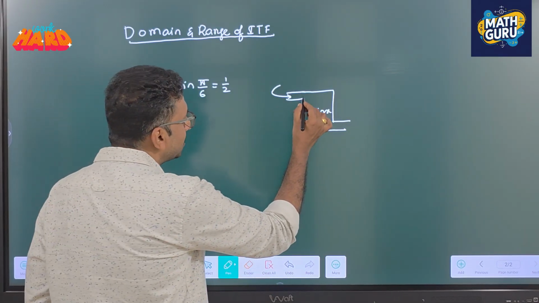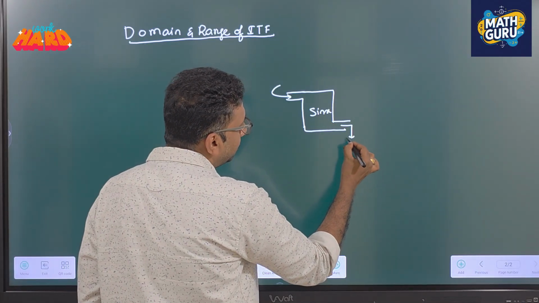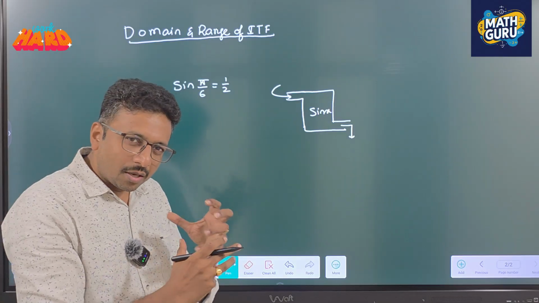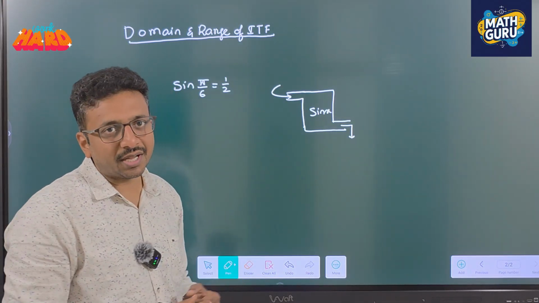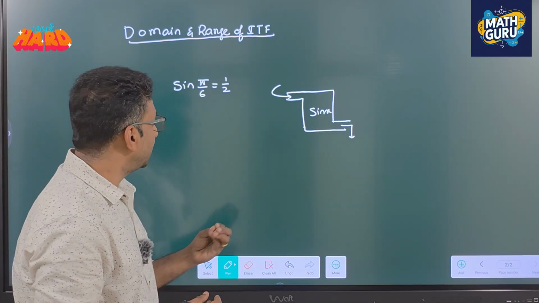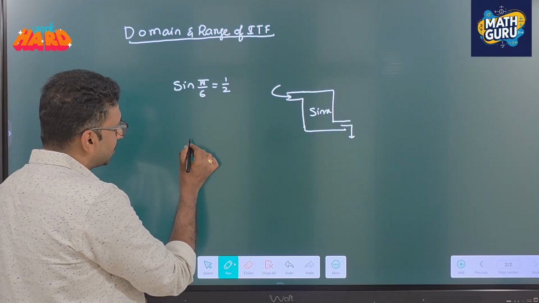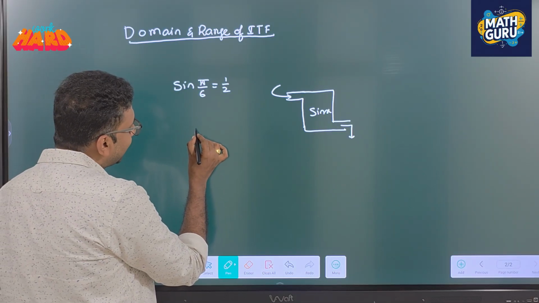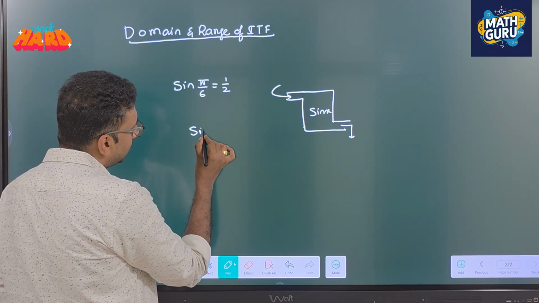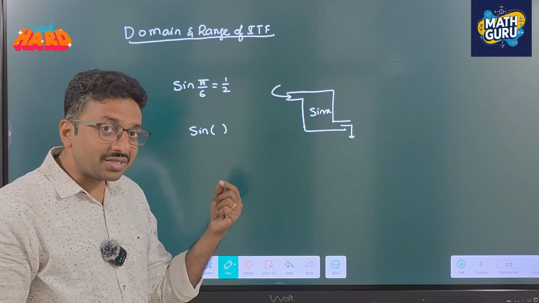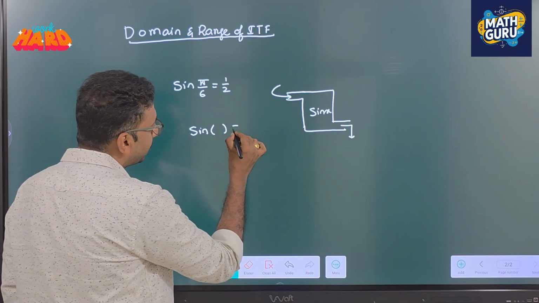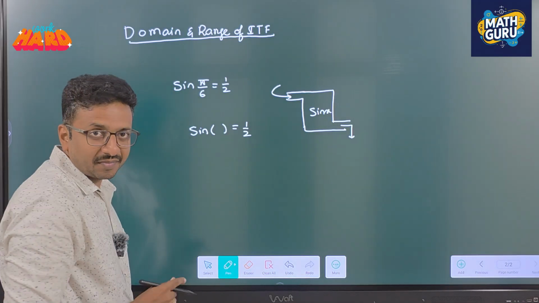When an angle goes inside sine, the value of sine x, which is defined as some sort of ratio, as you know in trigonometry, is the value that comes out. Now the question is something like this. What is the value of the angle that goes inside sine to give half as the answer?